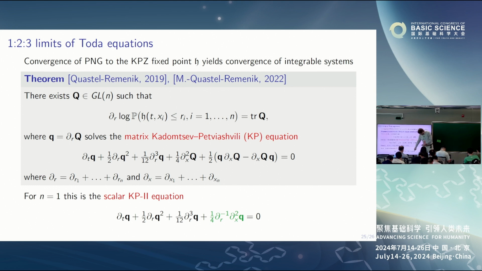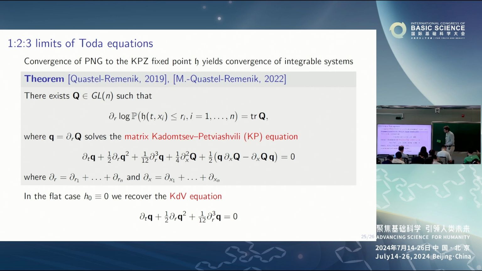And this term will vanish, and what we obtain is the KdV equation. So if we start the KPZ fixed point from flat initial condition, then the distribution function of the KPZ fixed point solves the classic KdV equation.